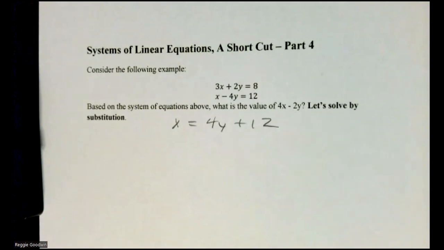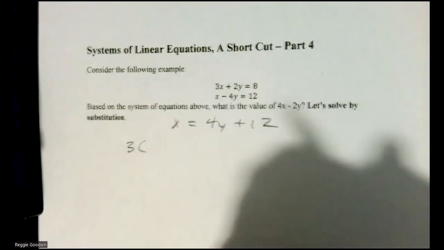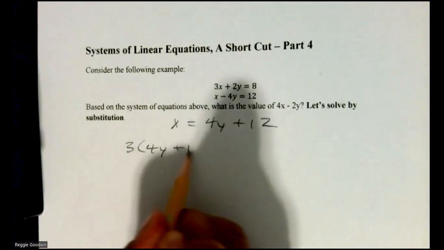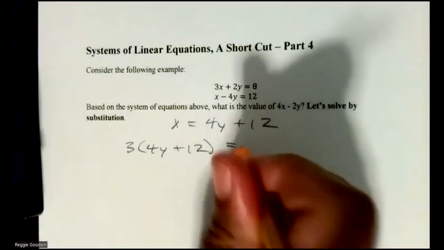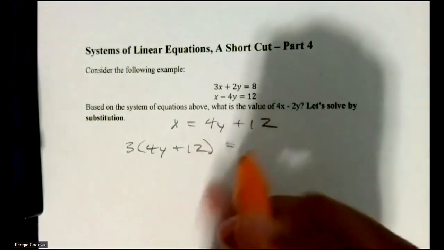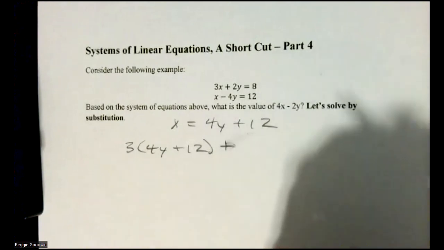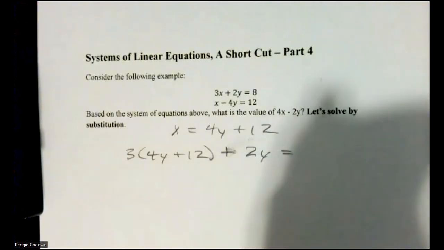And now that we have the value of x, we can substitute it into the first equation, and that's 3 times 4y plus 12 plus 2y equals 8.